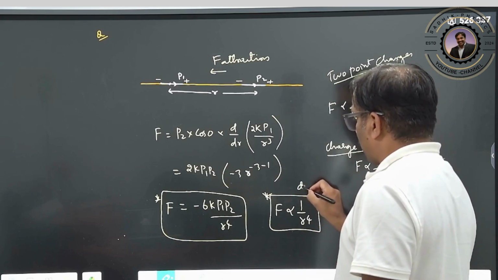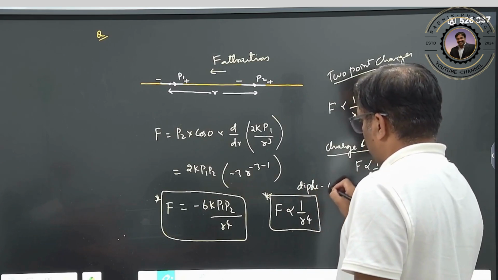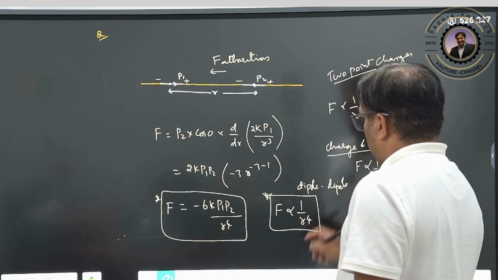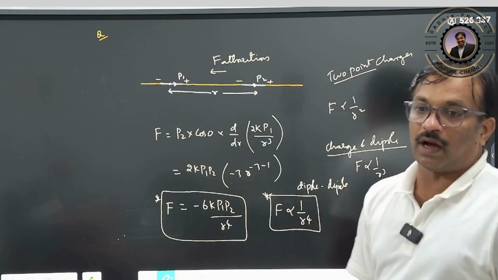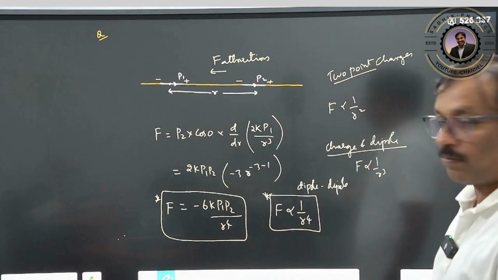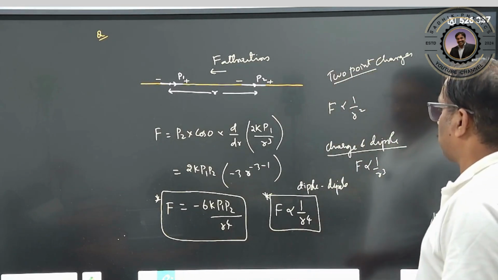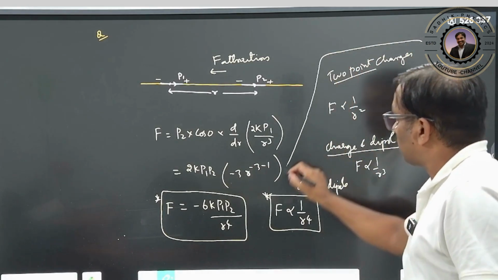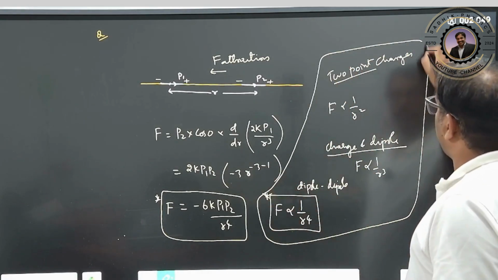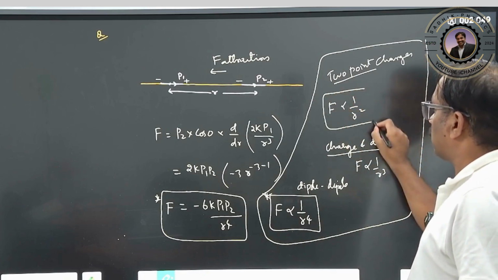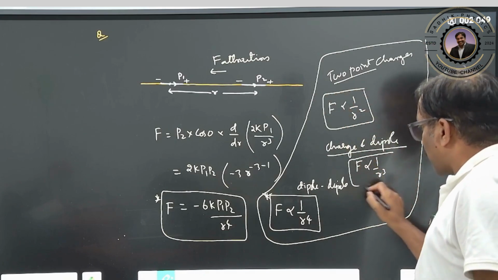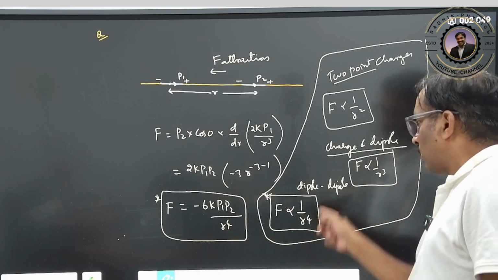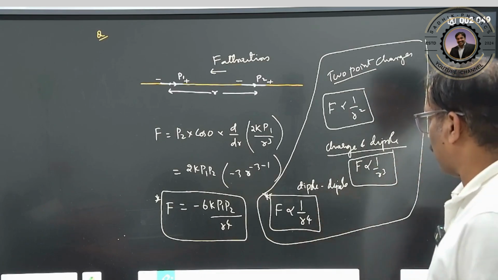Here dipole and dipole force is inversely proportional to r to the power of 4. Very, very important concept. So, be careful on this point, right. Force between two point charges is inversely proportional to the square of the distance. Force between the dipole and charge is nothing but r cube. Force between the dipole and dipole is nothing but r to the power of 4.